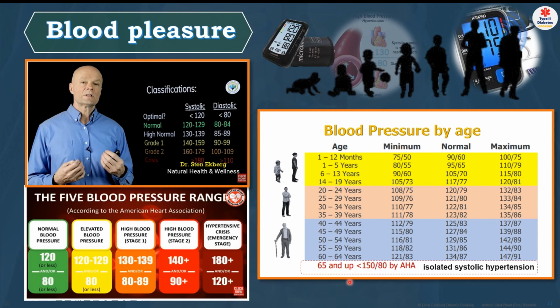I never understood that part, but I know that 60 to 64 is like 147, 91. I can see that because my values can range from 120, 83 to 147, 91, depending on what day it is, what I ate, what I did. It's very difficult, very challenging.